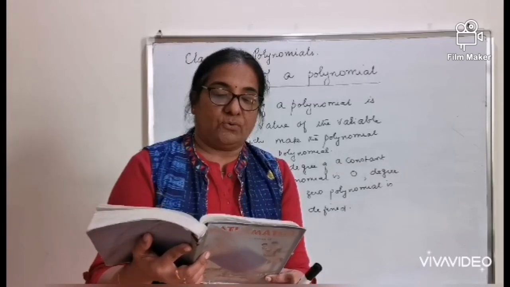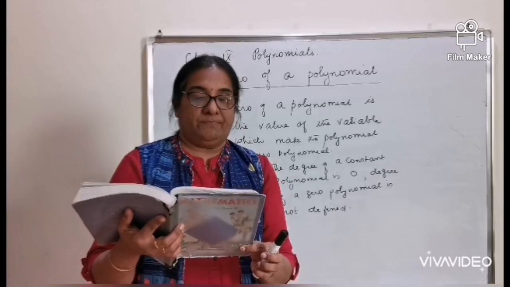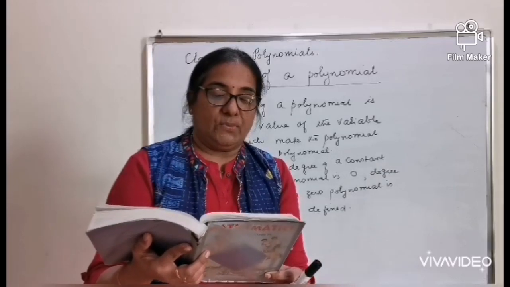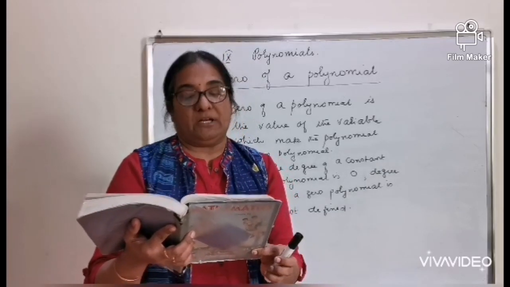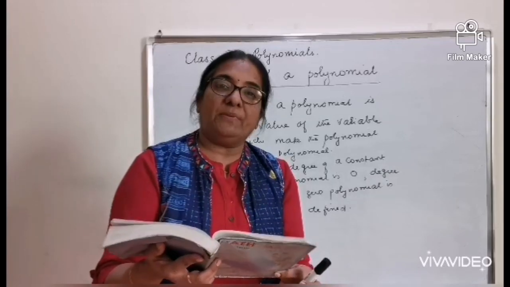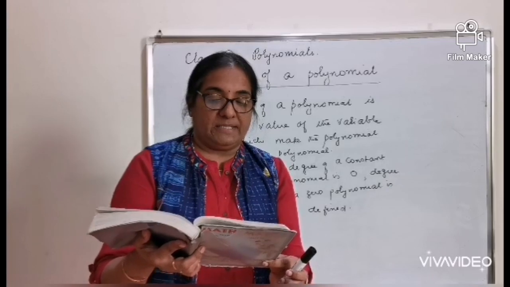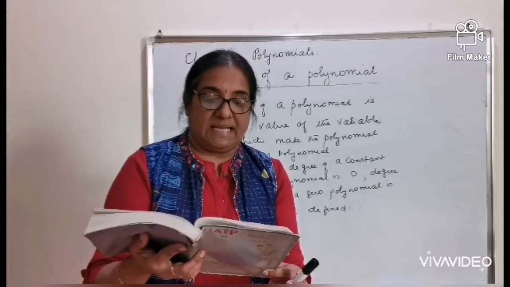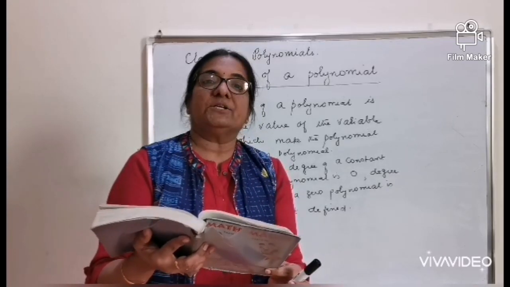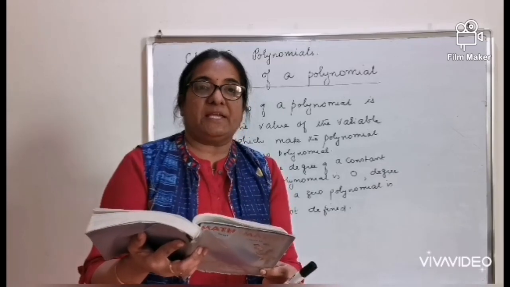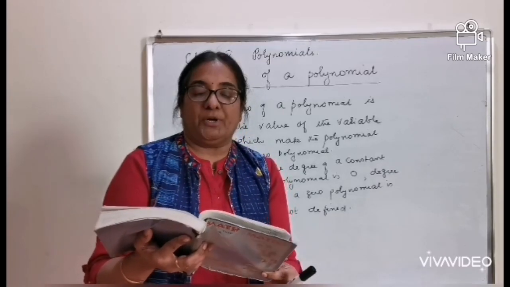Question number 2, write the coefficient of x square. Question number 3, give an example each of a binomial of degree 35, monomial of degree 100. Write the degree of the following polynomials. Classify the polynomials as linear, quadratic and cubic. This is page 32, exercise 2.1.